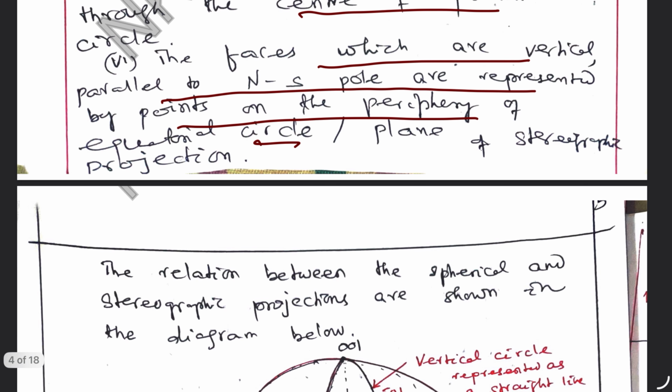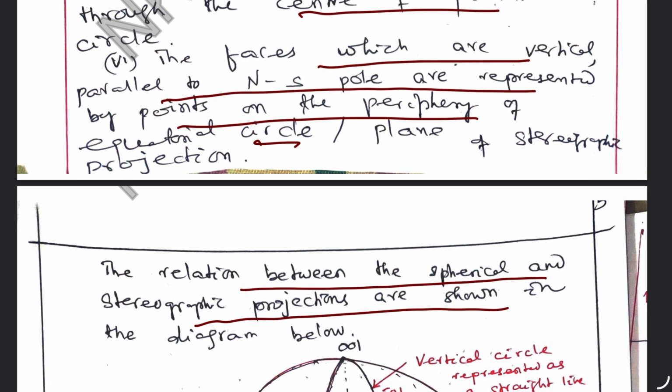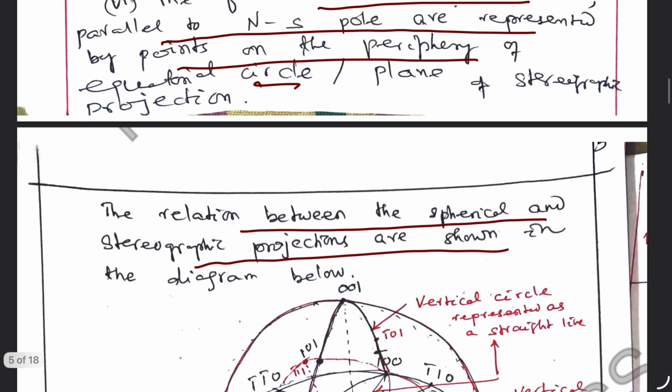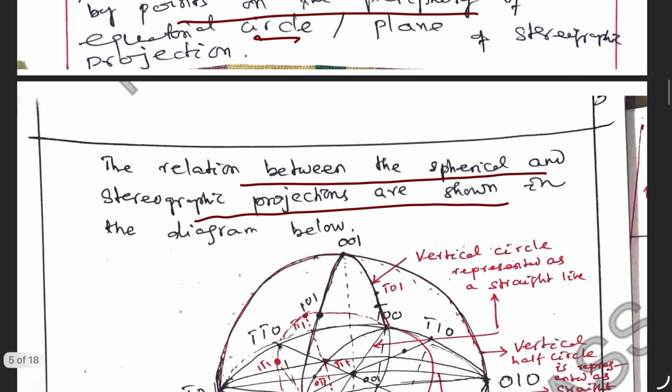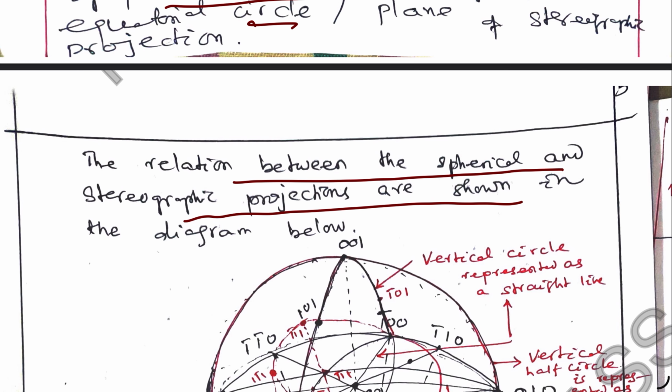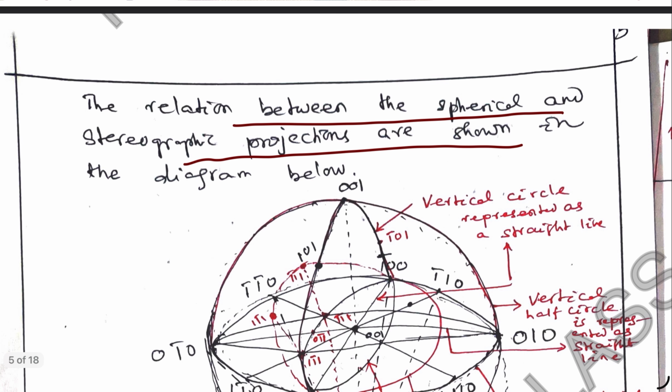And this relation between the spherical and stereographic projection can be shown in a diagram that I have drawn here. This diagram will show how the spherical projection is converted into stereographic projection.